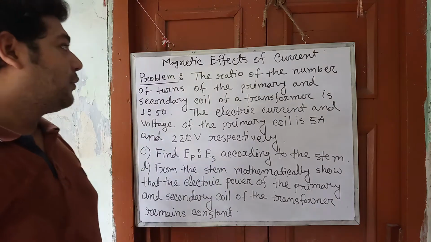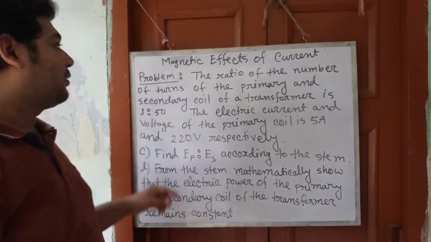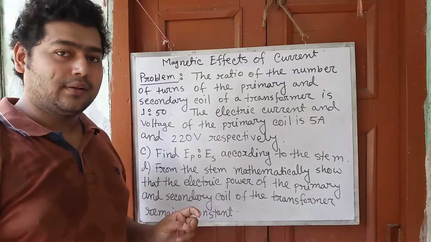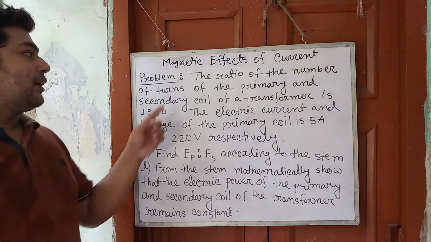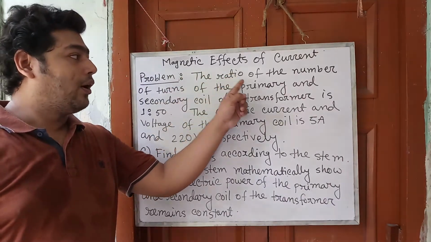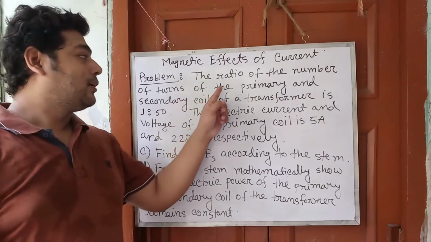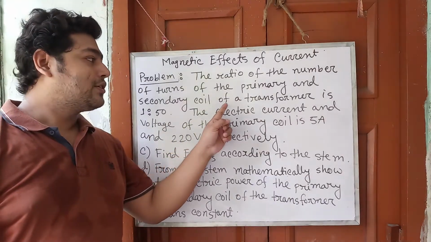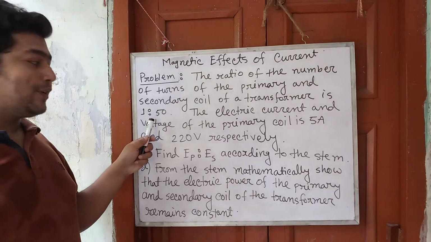Today, we will also discuss another creative question on magnetic effects of current. The problem is: the ratio of the number of turns of the primary and secondary coil of a transformer is 1 is to 50.